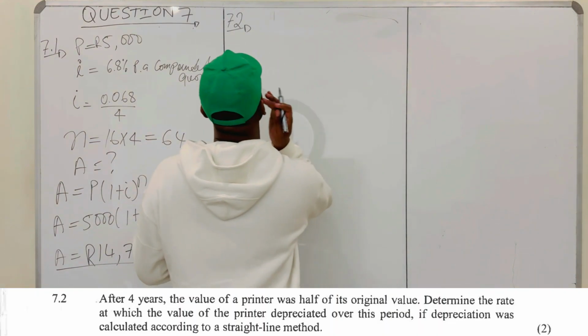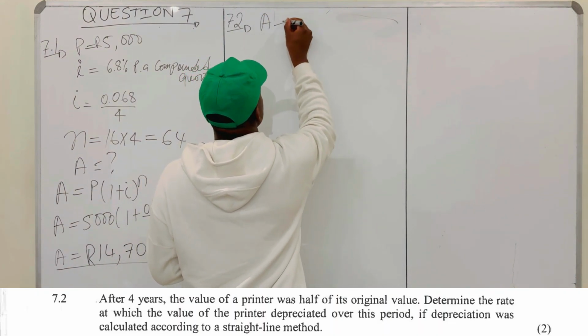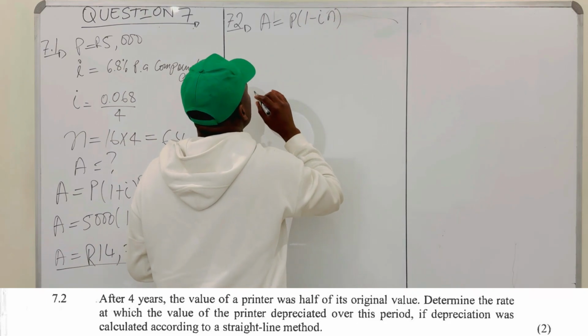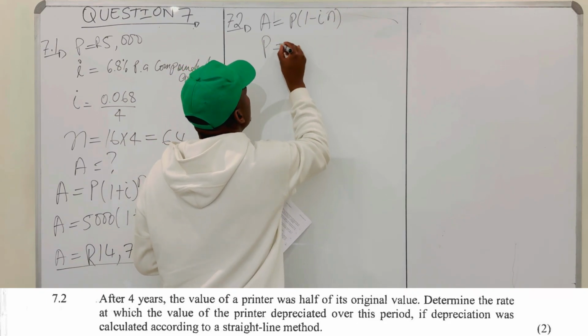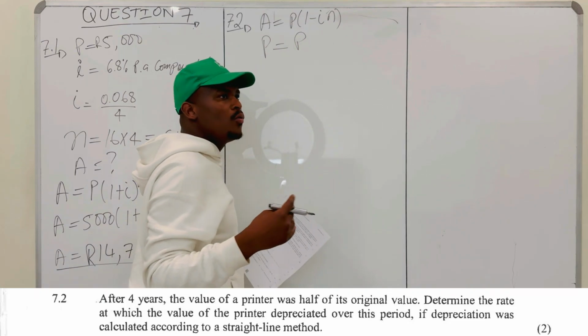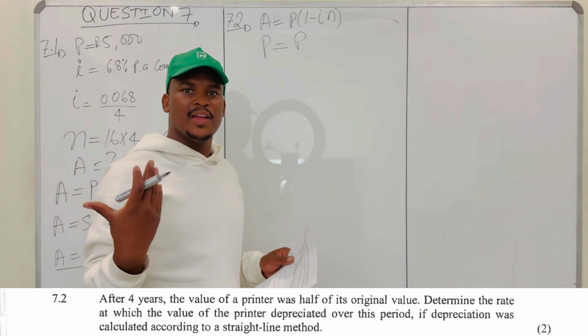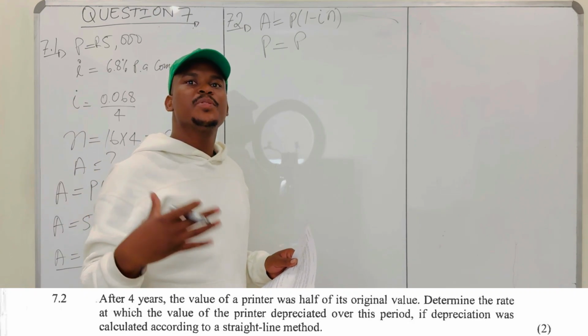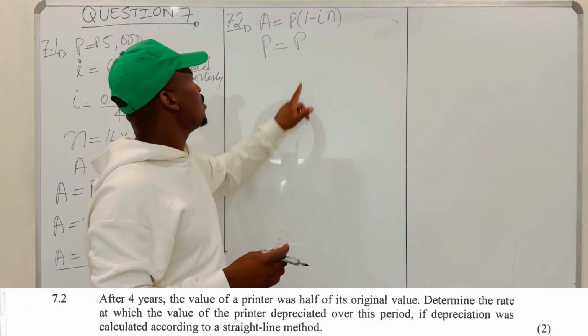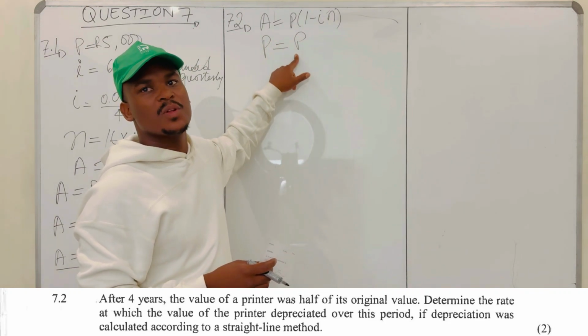So we have straight line method depreciation, which is A equals P into (1 minus i n). So we had the principal amount of this printer being P, right? And then it depreciated on a straight line basis, to half its initial amount. So its initial amount, whatever that was, was its principal amount.